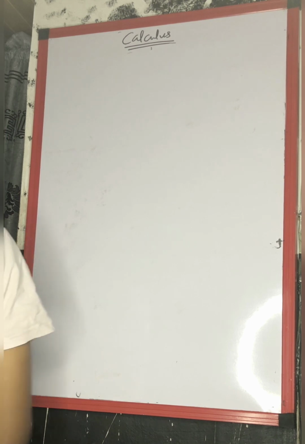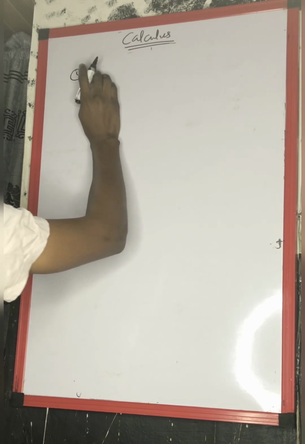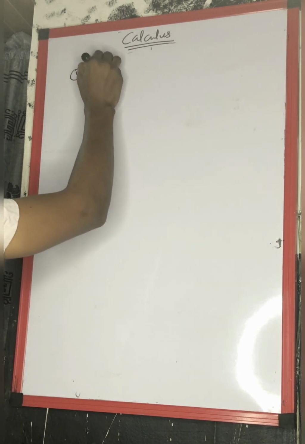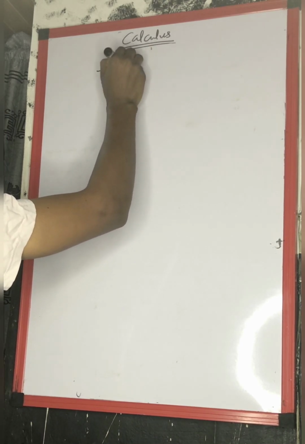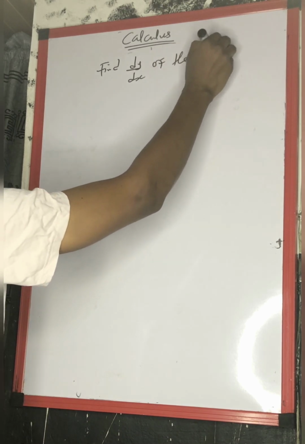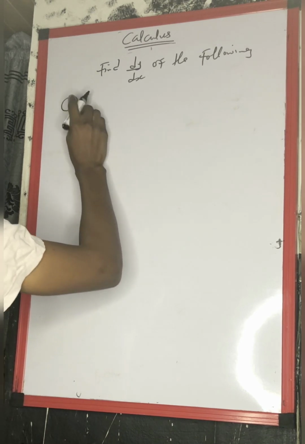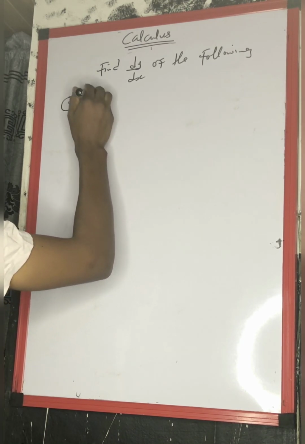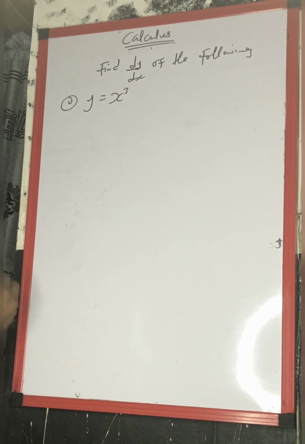Now, if we are given a question, find dy dx of the following. Number one, we are given y equals x cubed.